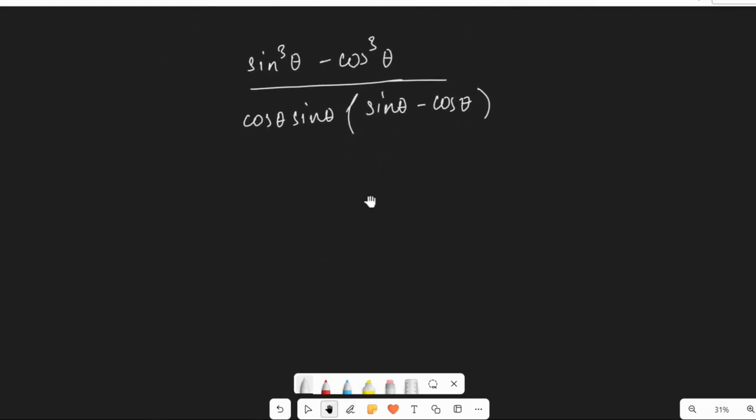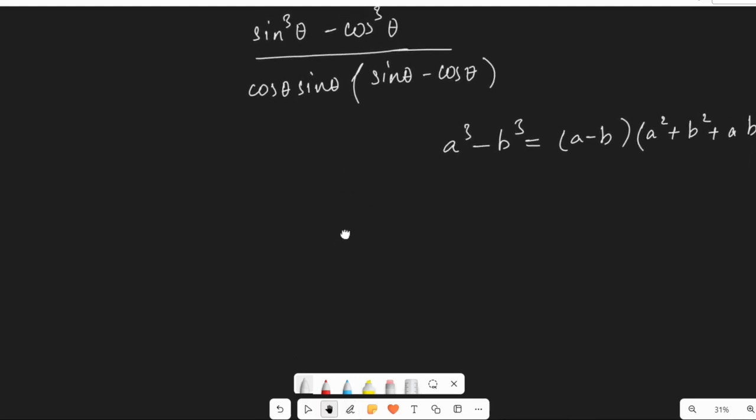Now we know the formula of a cube minus b cube, that is equal to (a minus b) into (a square plus b square plus a into b).